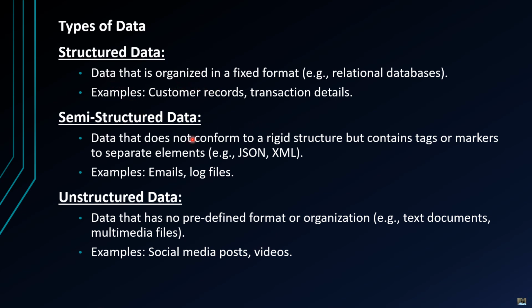In semi-structured data, we come across emails and log files, which means the data does not conform to a rigid structure but contains tags or markers to separate the elements, for example XML. In unstructured data, we come across social media posts and videos, which means data that has no predefined format or organization, for example text documents and multimedia.